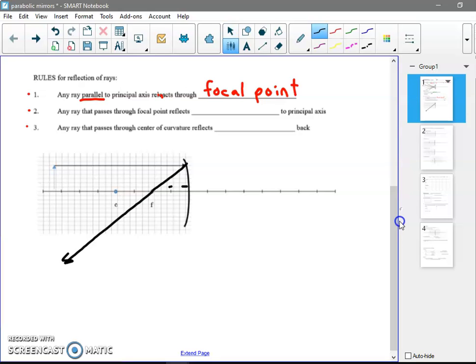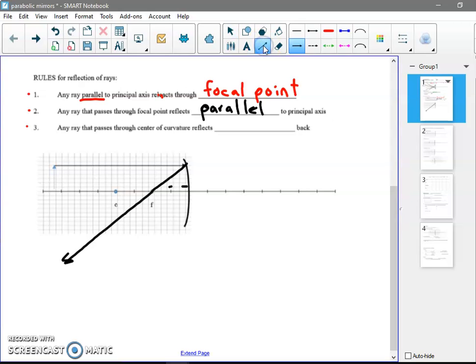So let's get to the second rule. Any ray that passes through the focal point reflects parallel to the principal axis. It's just the reverse of the first rule. So I'll do my best here. So I'm going to draw a ray starting from the arrowhead. I've already messed up, but I'll fix that. And I pass it through the focal point.